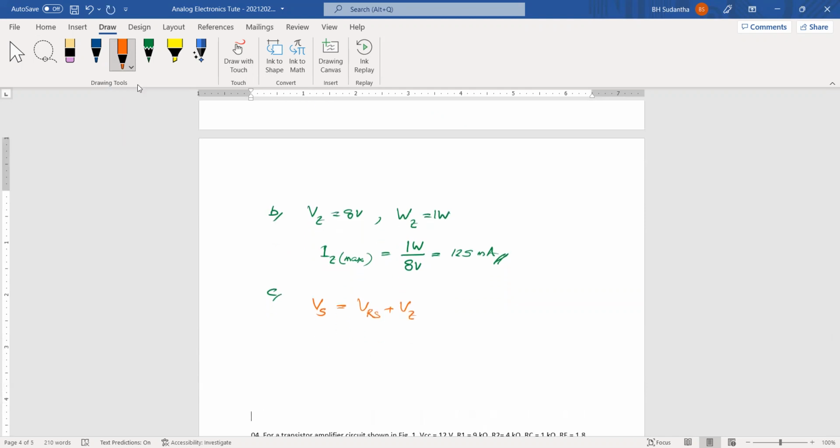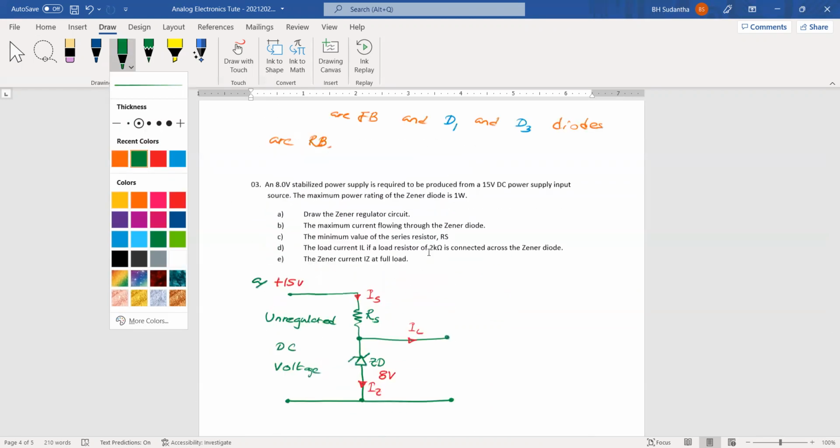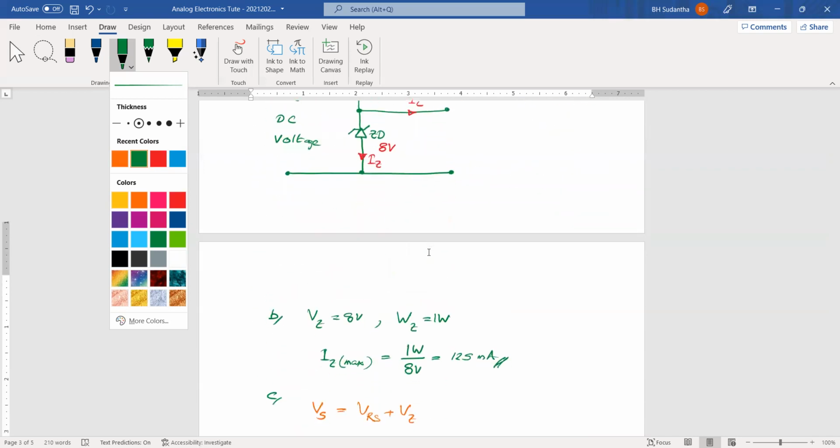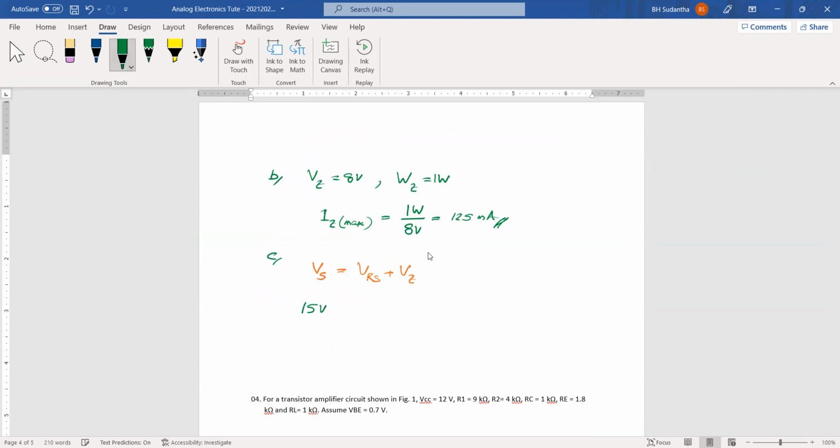From this equation we get, V supply is 15 volts, VRS we don't know, and VZ is 8 volts. Then from this we get VRS is 7 volts. Okay.